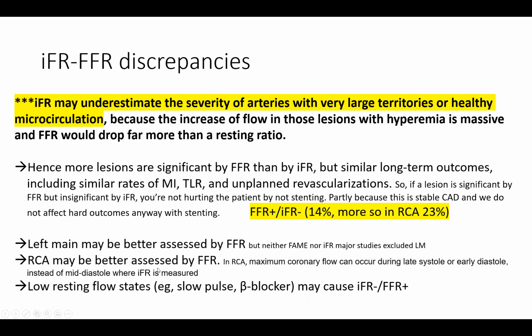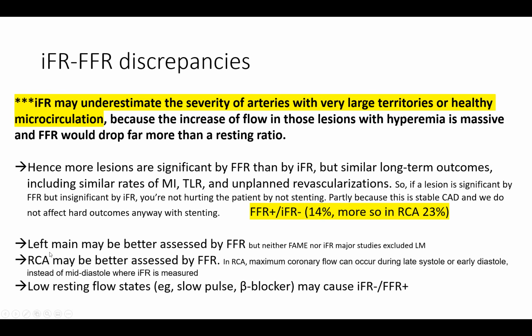Why is that? In the RCA, the flow is as dependent on systole as on diastole. Unlike the left coronary, where flow is predominantly diastolic, in the right coronary, flow is equally systolic and diastolic. And therefore, maximal coronary flow can occur during late systole or early diastole instead of mid-diastole where iFR is measured, okay?